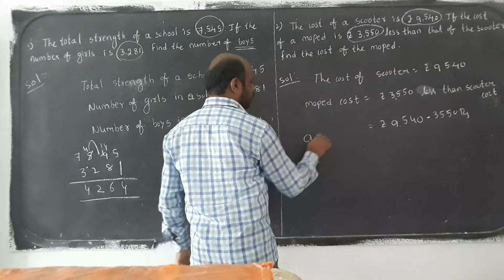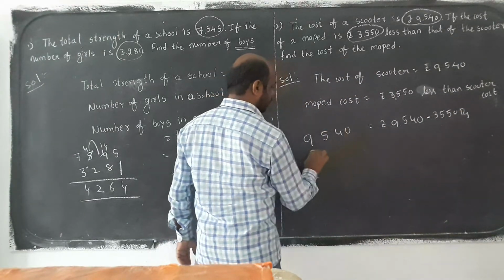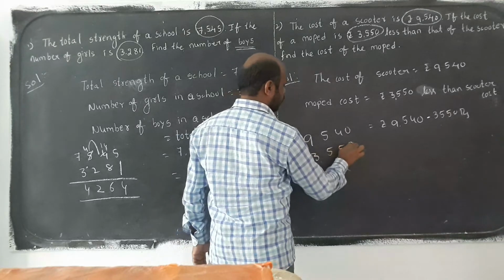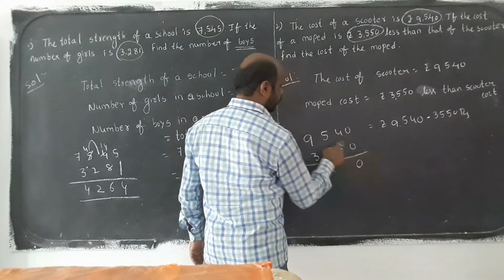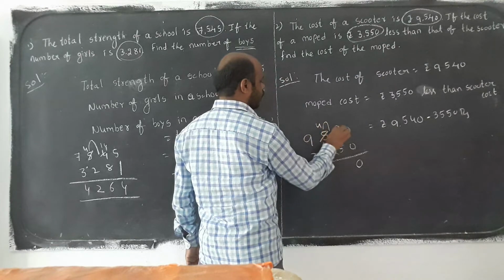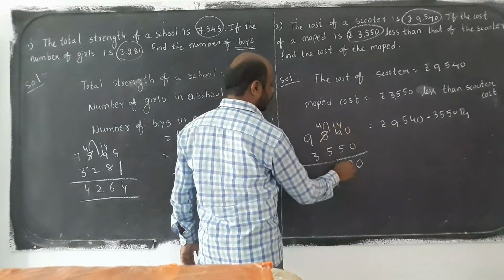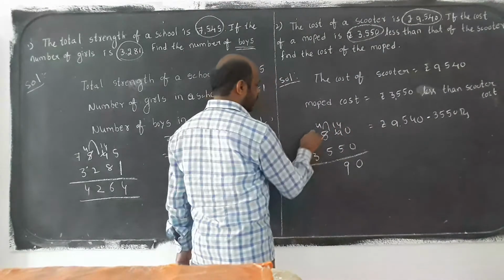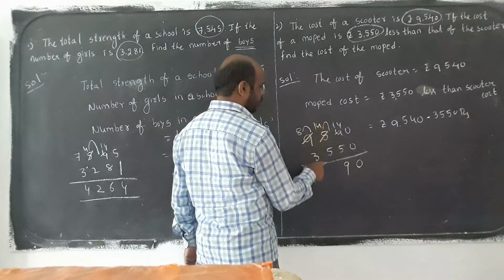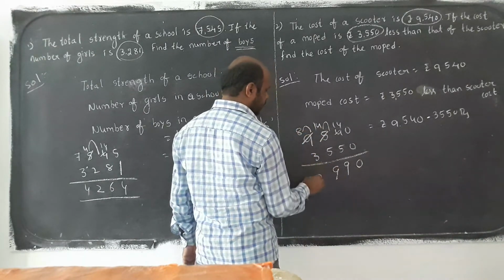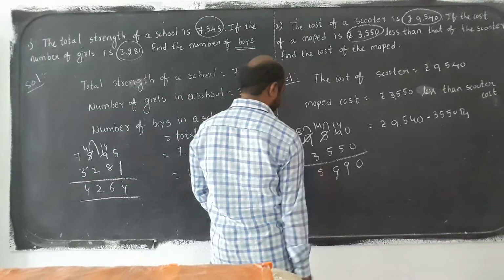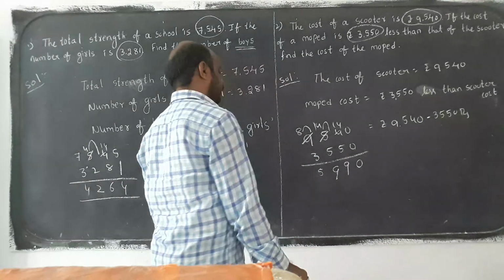Then see, write it down. Zero can't go, so 5 will become 4, and 4 becomes 14. 14 minus 9 is 5. 8 minus 3 is 5.